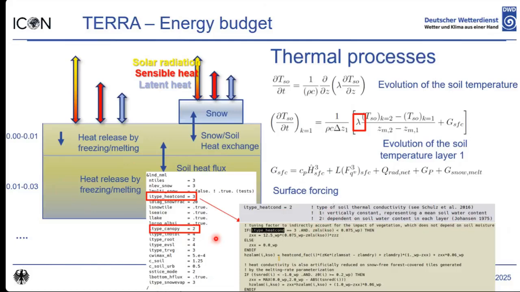Another example for a namelist switch is this itype_canopy. This also I introduced before. Equal to 1 means that the soil surface temperature is used, as I said before, the temperature value in the top soil layer in the middle, which has the deficiency of not resolving the diurnal cycle correctly, which was always visible in the verification of our models over all the years.